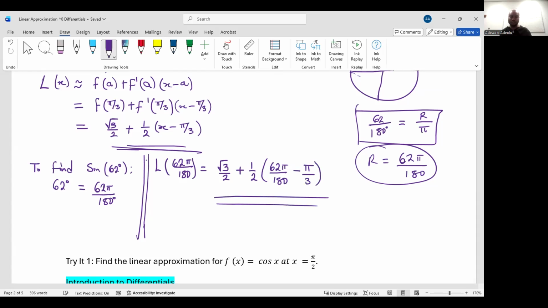So just leave it this way because it will be a lot trying to solve this, but it is fine this way because we can use a computer to finish it up. But if you still want to keep going, yeah, you can keep going. Just multiply, let's see.